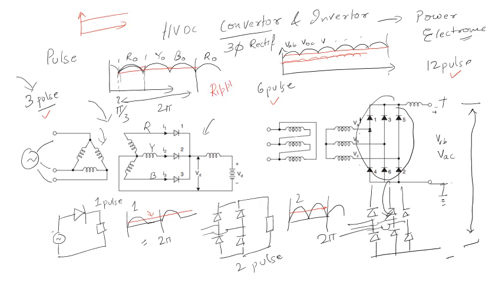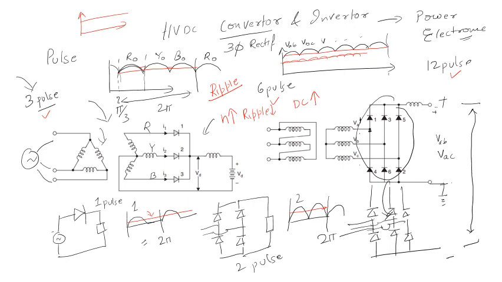Okay, ripple is the term. So we can say that as the number of pulses increases, the ripple decreases. Okay, ripple decreases, that means you are getting more DC part. So that's the difference.